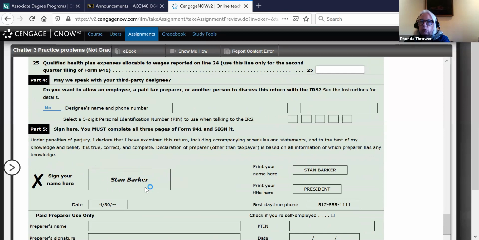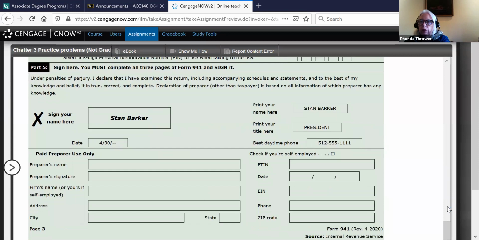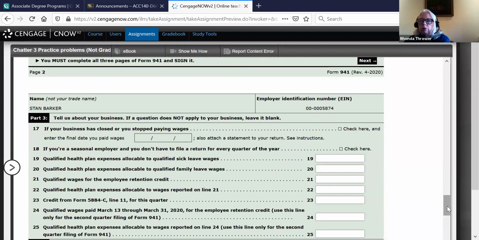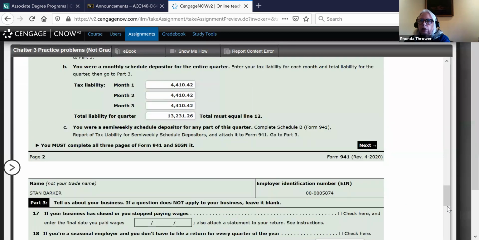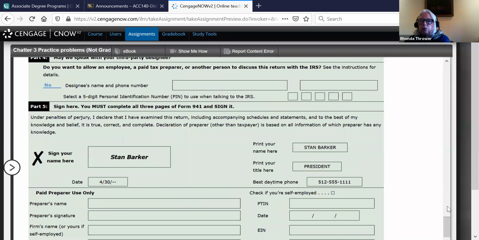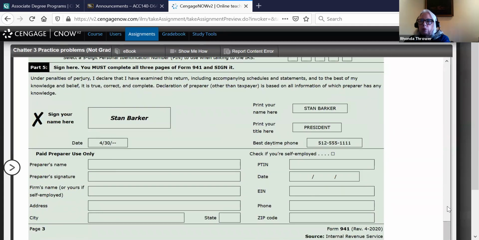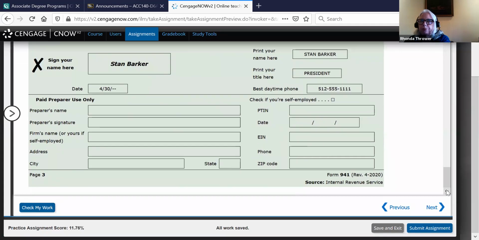This would be in cursive. Stan Barker would have to sign here. And then you print his name and the president and the best phone number here. So the rest of that information was pretty much straightforward. And that's all you need to do for this particular problem.